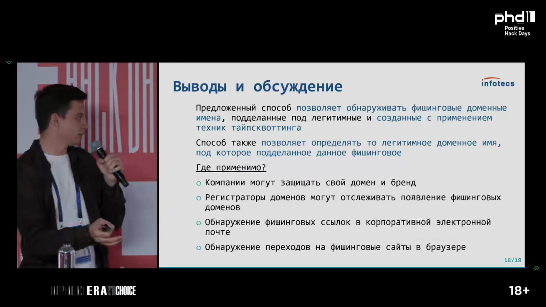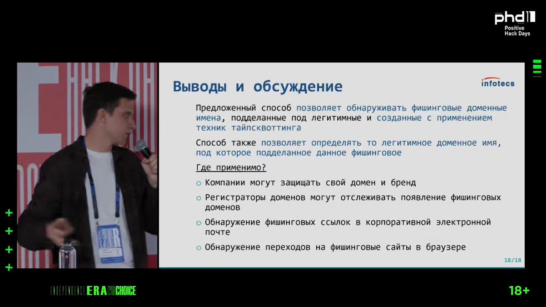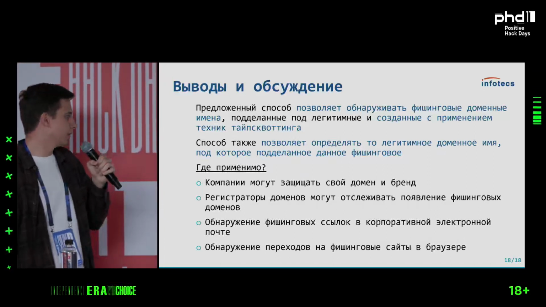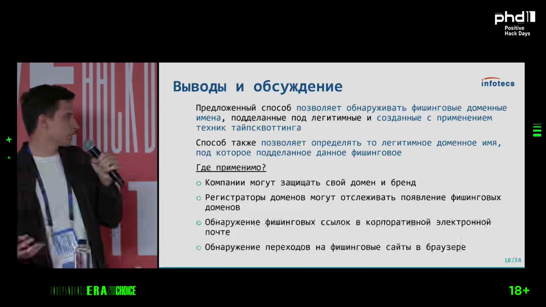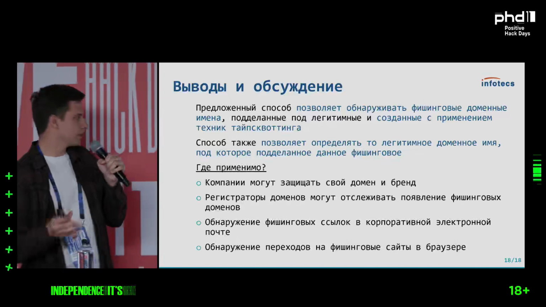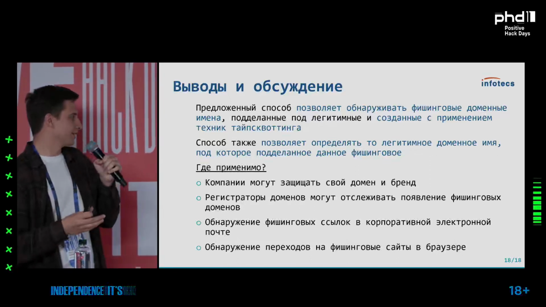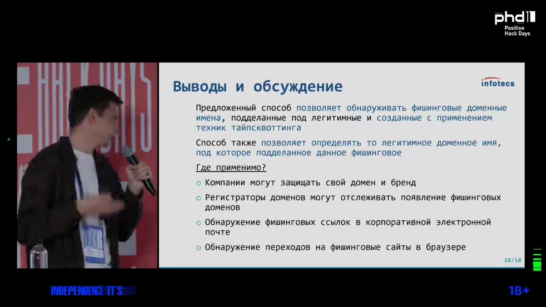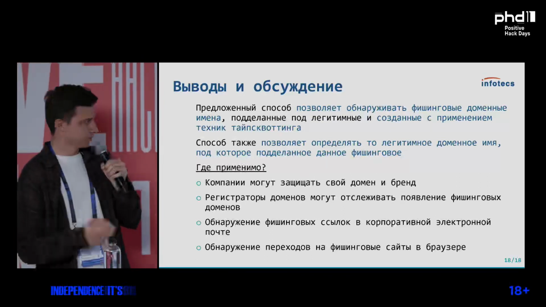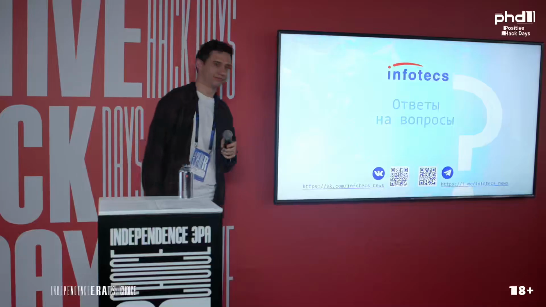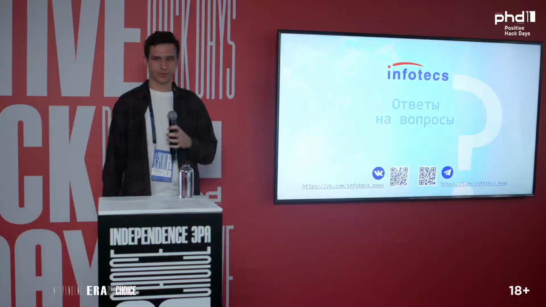Registrars might look for such domains also and propose their purchase to the legal owners. Also corporate email addresses, not the best way, but one of the good rules to actually base your rules on.